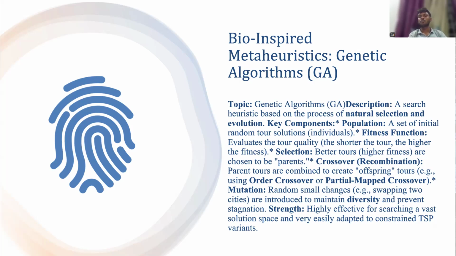Mutation: random small changes, swapping two cities, are introduced to maintain diversity and prevent stagnation. Strength: highly effective for searching a vast solution space and very easily adapted to constrained TSP variants. Now we move to the next slide.